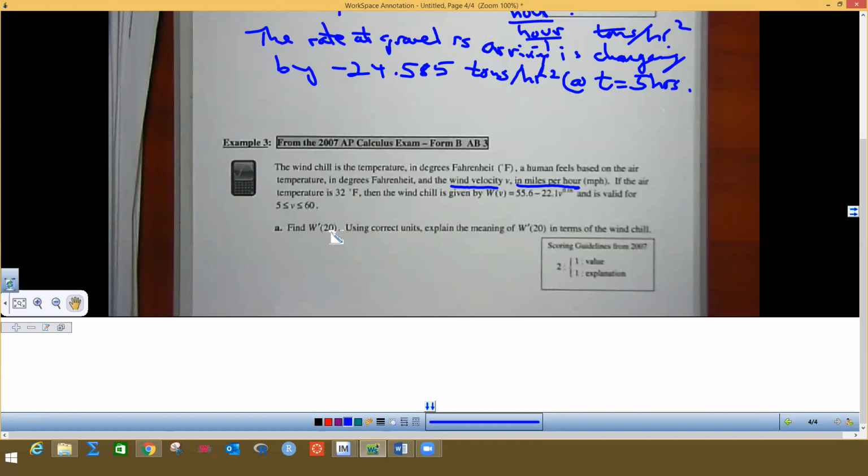Find W prime of 20. Now this is W, so W prime is going to be a derivative of this function right here. And remember the W is for the wind, it is already in miles per hour. So it's already a rate, and then we're going to do the derivative of that, which means the slope. So this is going to be another one that's miles per hour per hour.